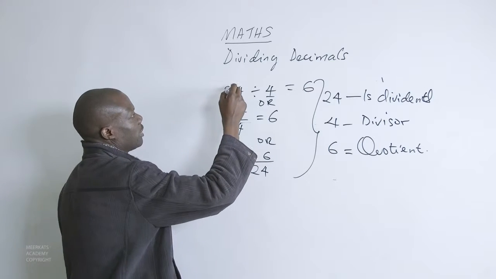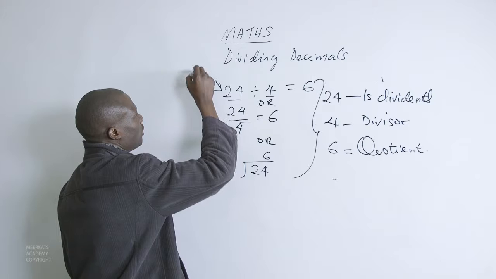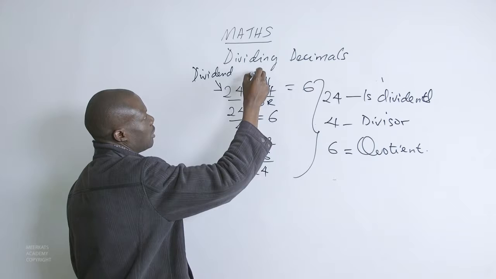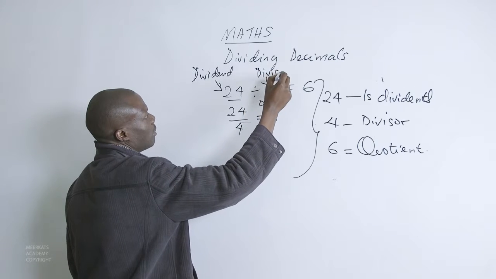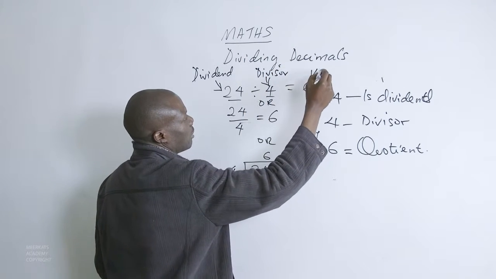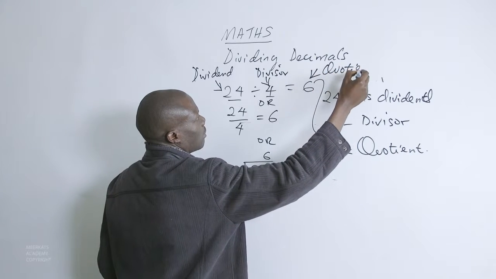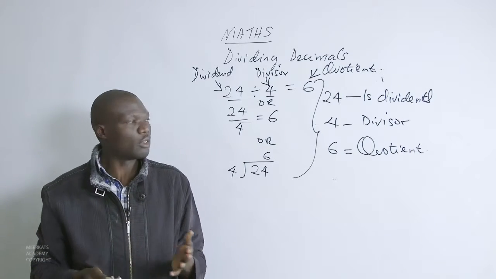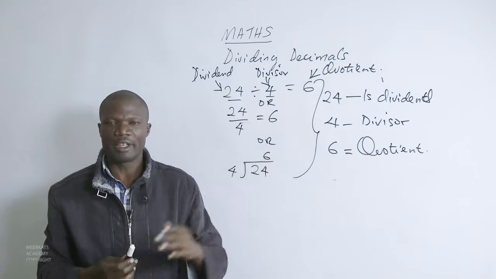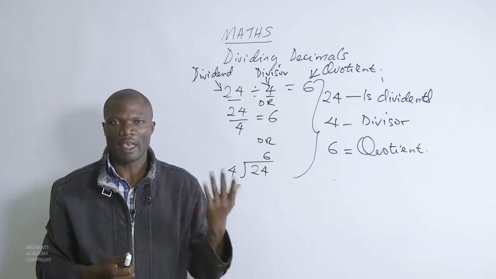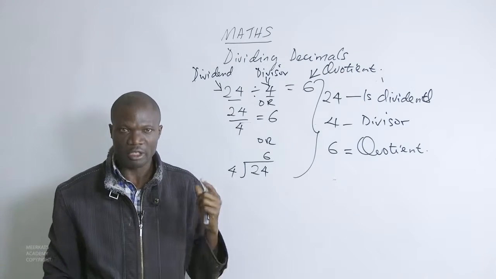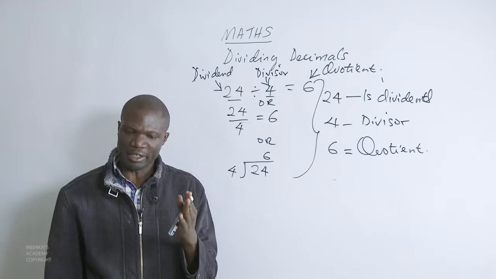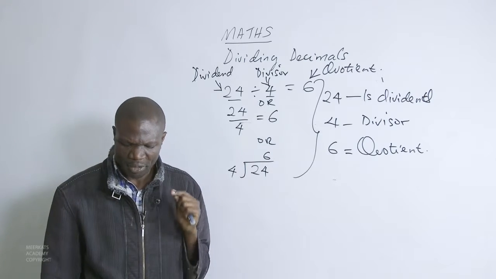So this one here is the dividend, this one here is the divisor, and this one here is the quotient. In our lesson, we are going to apply these particular terms most of the time as we go on with the division. So let us now look at decimals and see what happens when you are dividing.